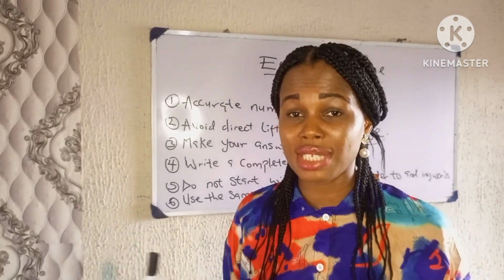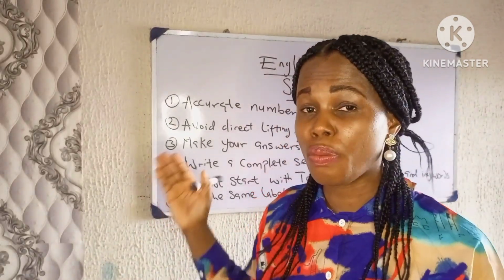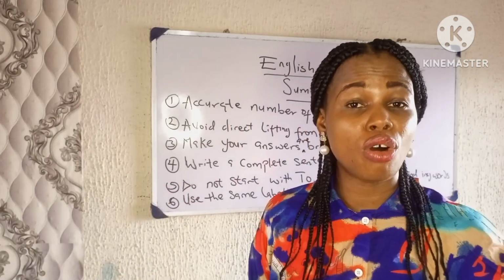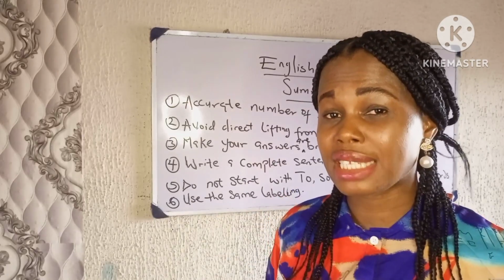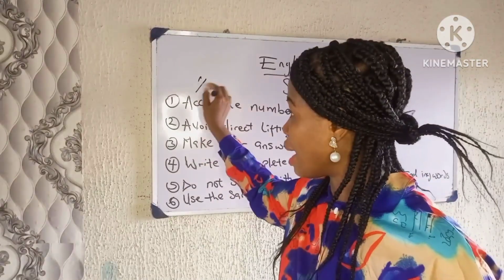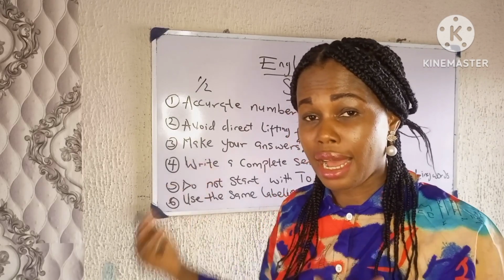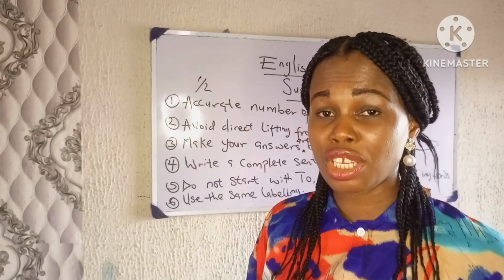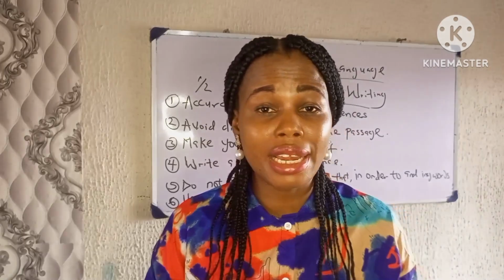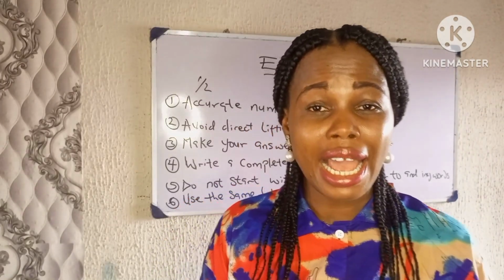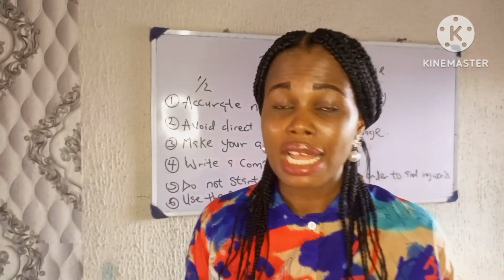to make sure you obey these rules, because grammatical mistakes or misspellings attract half a mark deduction. So make sure you go through the answers you provided to check that they are in complete sentences, the sentences are not lifted, and there are no misspellings.